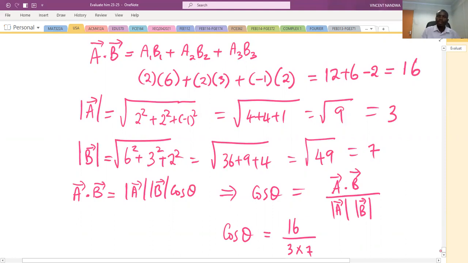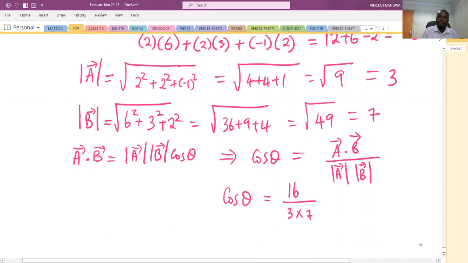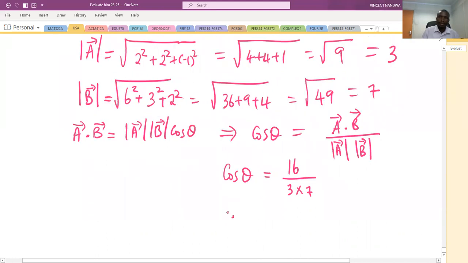And then 3 times 7 is 21. So theta will be now the cos inverse of 16 over 21.